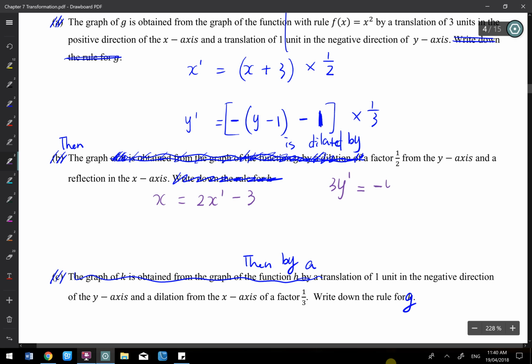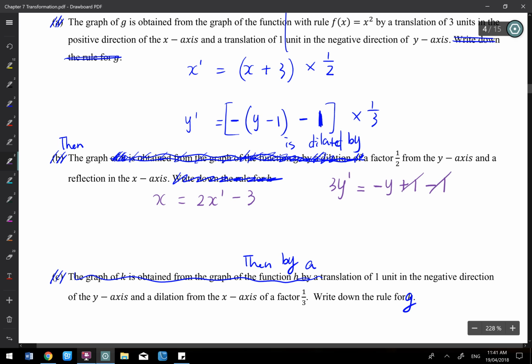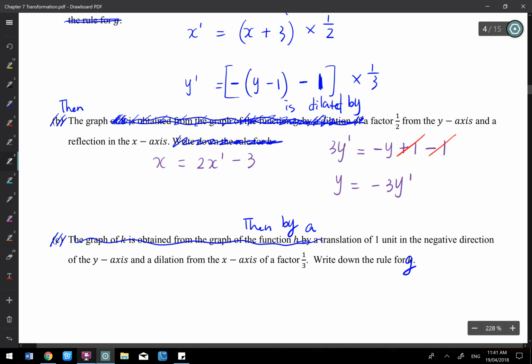We have minus y plus 1 and then minus 1. If we expand it, the plus 1 and minus 1 get cancelled. So my y equals minus 3y dash.